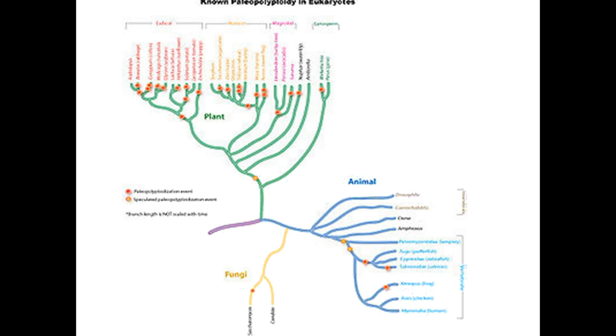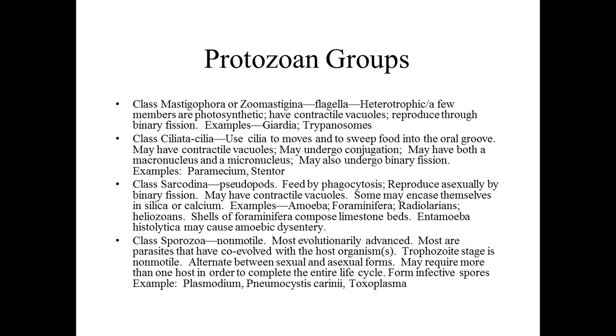This line is supposed to be the protists. So this is supposed to be all eukaryotes, and it's supposed to show you that they started as protists, and that different things branched off that tree over time. Oops. Carried away. All right, so let's talk about some protozoan groups here first.